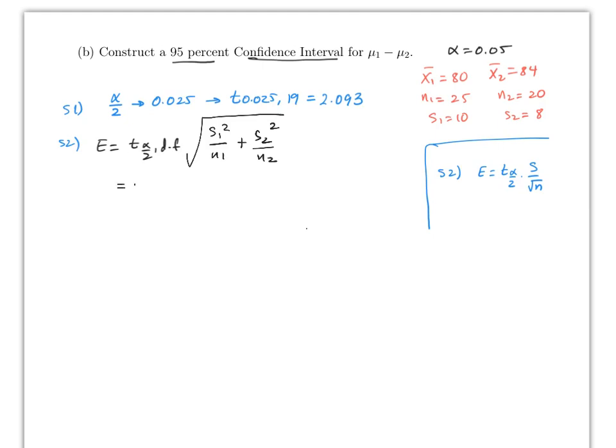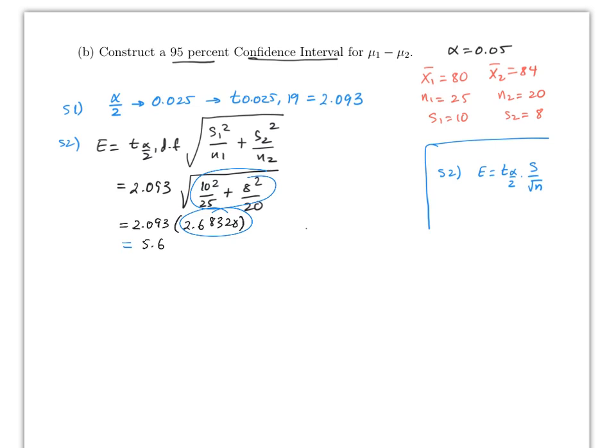So in our case, this is 2.093 times the square root of 10 squared over 25 plus 8 squared over 20, which is equal to 2.093 times 2.6832. You should check this. So this part is equal to this, and when you multiply, this gives you 5.616.